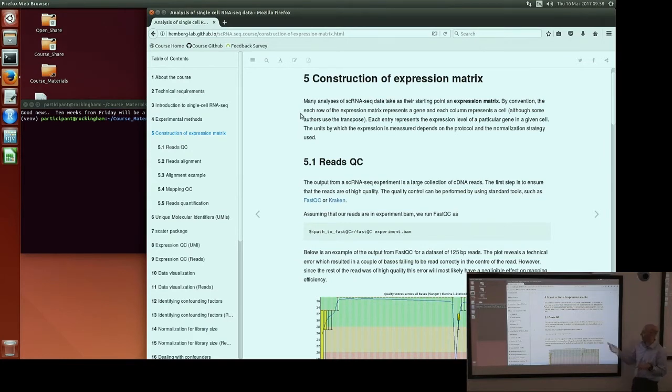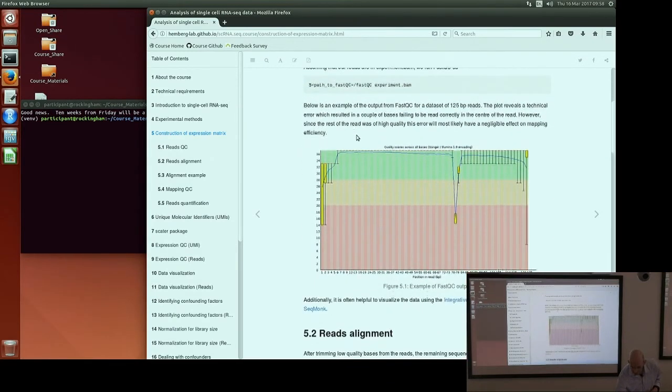They had 125 base pair reads, and this is one of the summary plots from FastQC. As you can see, you have relatively poor quality at the start of the read and at the end of the read, which is quite common for these experiments.